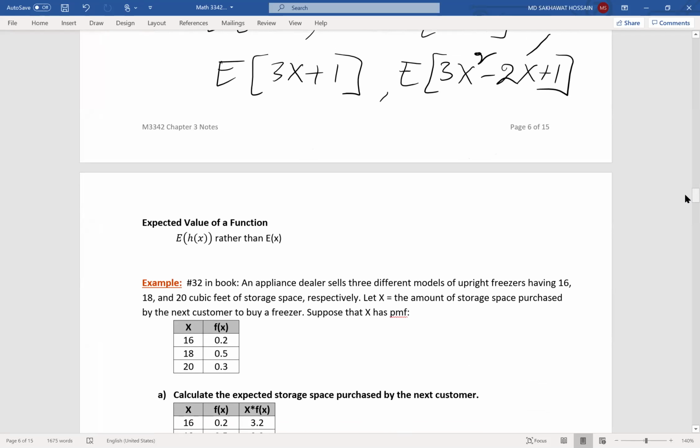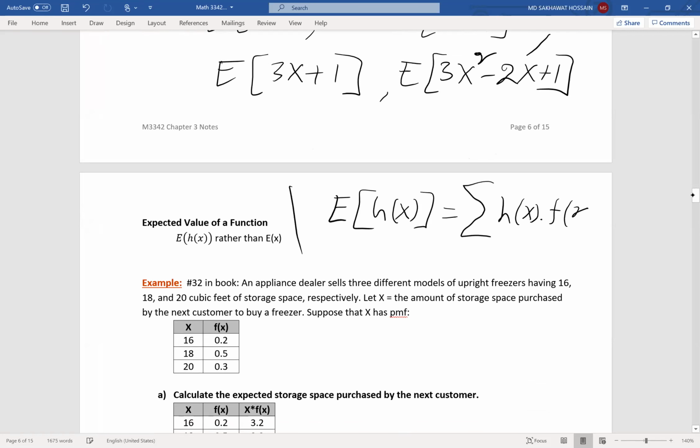The definition is the same. The expected value of h of x, which is a function of x, is the summation of h of x times the probability mass function, PMF.